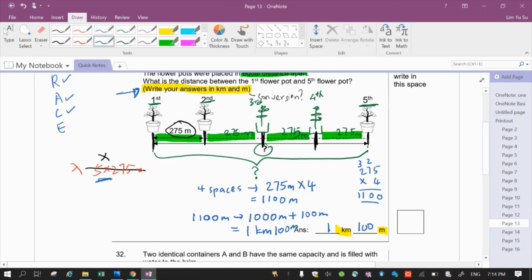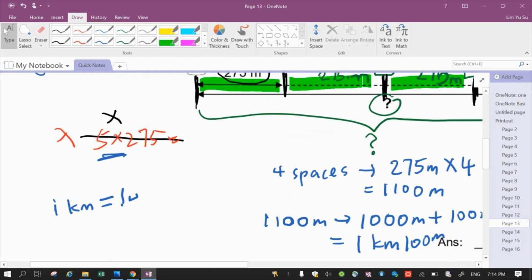So do your check to remind yourself of the conversion, and then you'll be able to get this question solved.